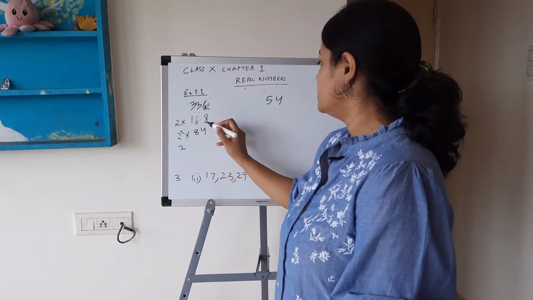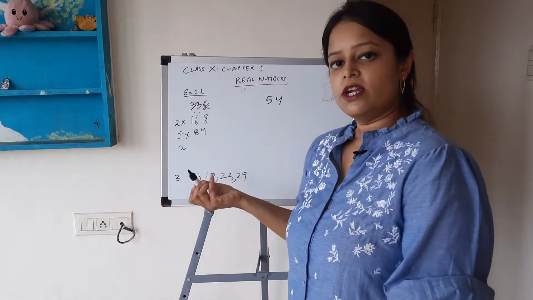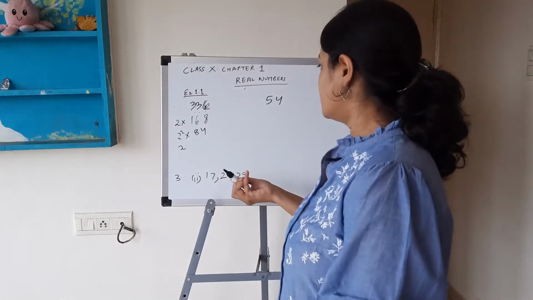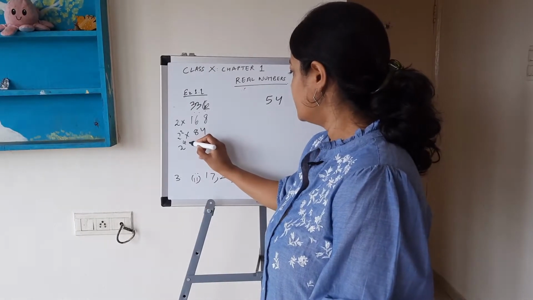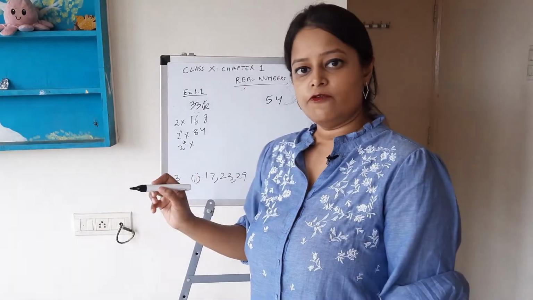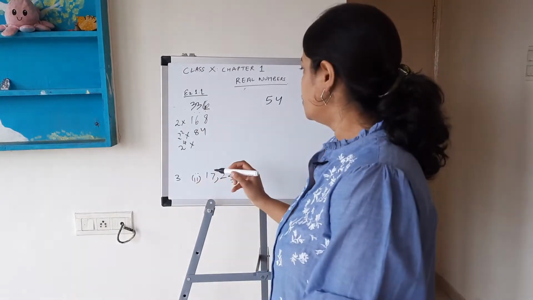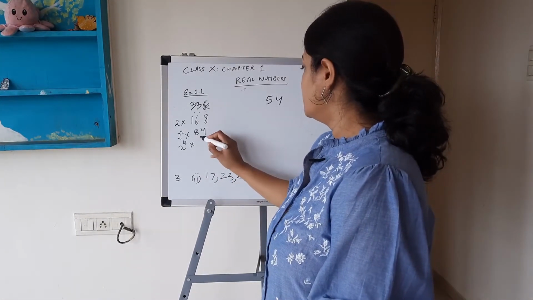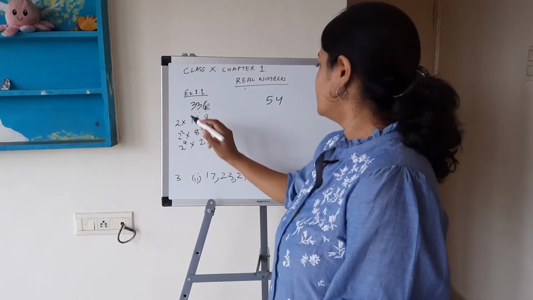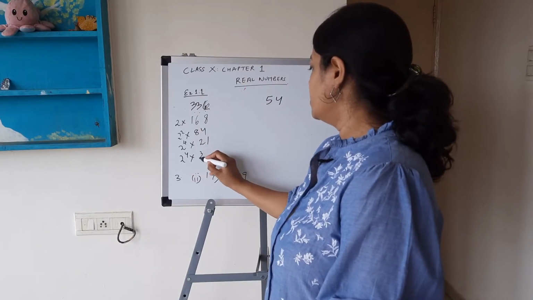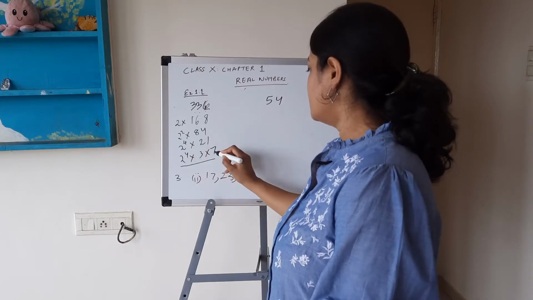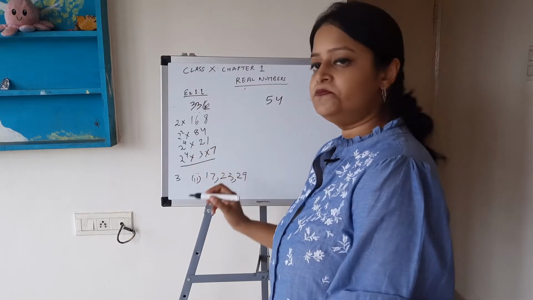It definitely seems that it might go till 2 to the power 5 also, but we'll figure it out. No, it will not go till 2 to the power 5. It will go till 2 to the power 4, I think. What is 2 to the power 4? 16. 2 into 2 into 2 into 2. It's 16 into 21, right? So 2 to the power 4 into 3 into 7. So these are the factors here.